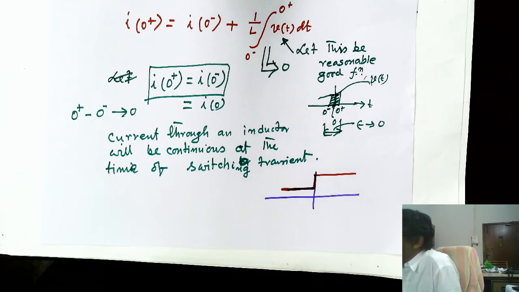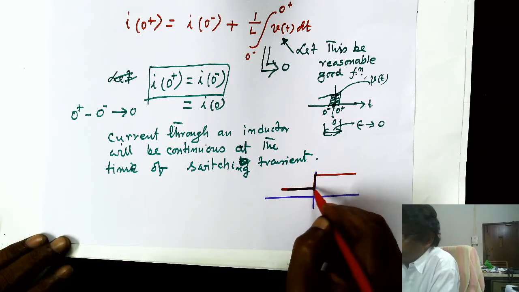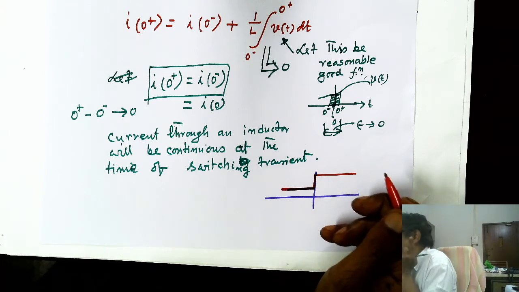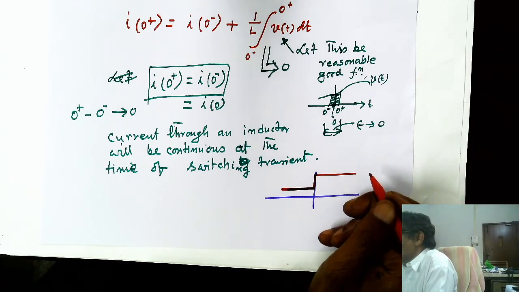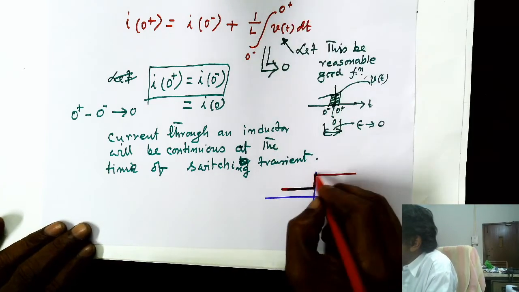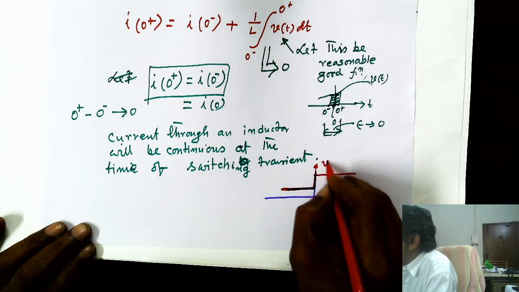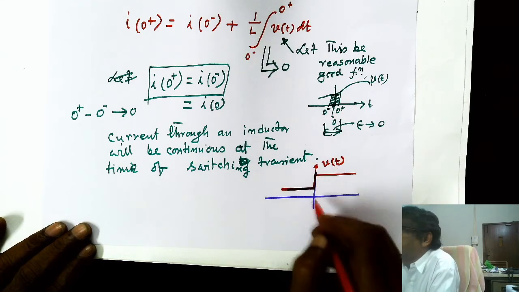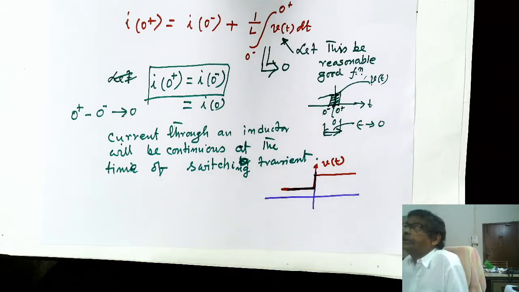If you do like that, then there is a surprise, and it is not a continuous function, as we discussed last time. Then what will be the fate of this integration? If Vt happens to have some discontinuity, discontinuity means the level of the voltage changes in no time, vertical rise, vertically it goes up.